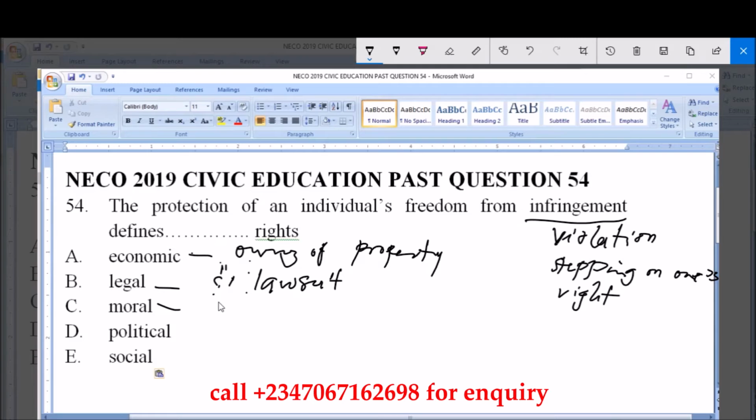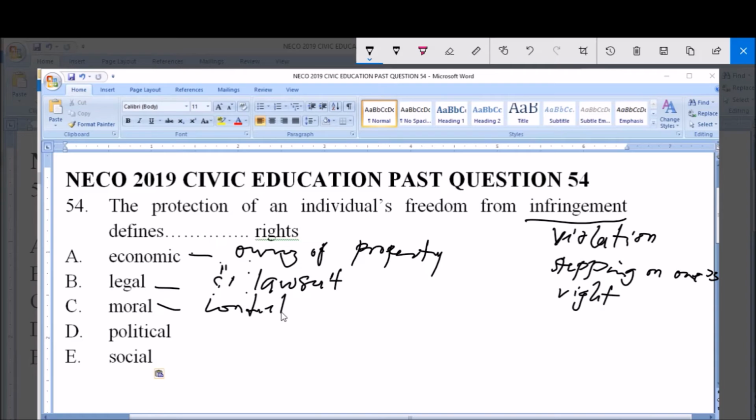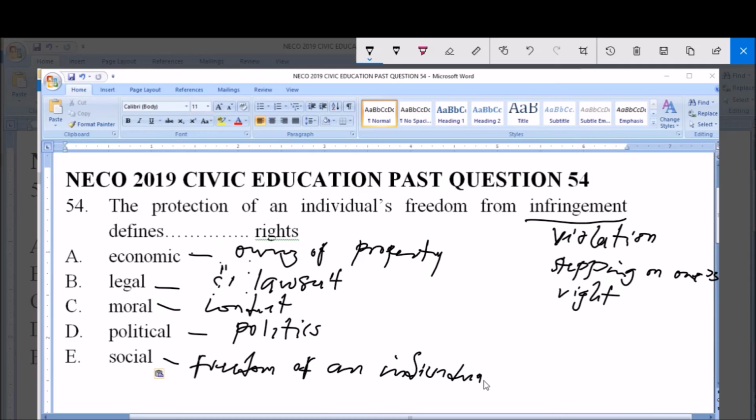The moral has to do with conduct. Then political has to do with politics. Then social has to do with freedom of an individual. So the protection of an individual's freedom from infringement defines social right.